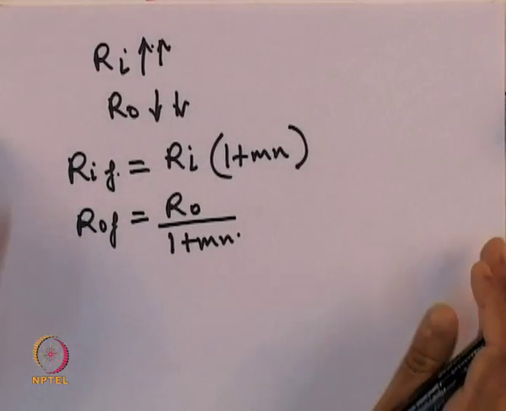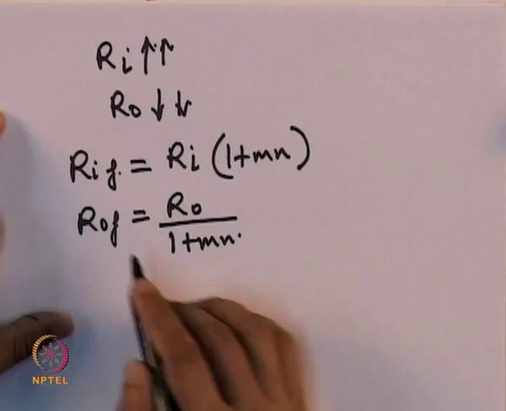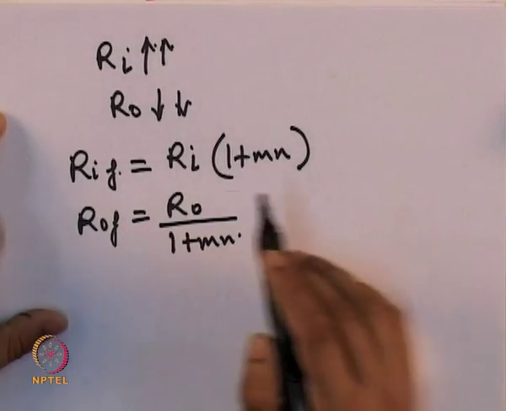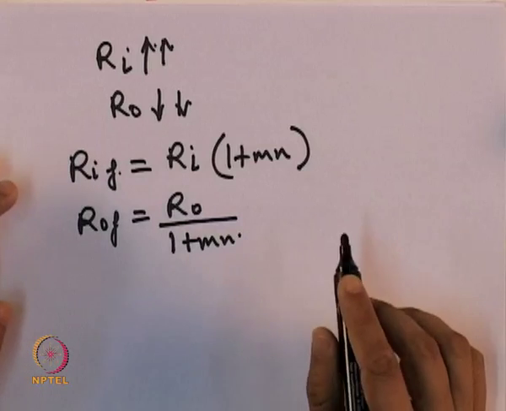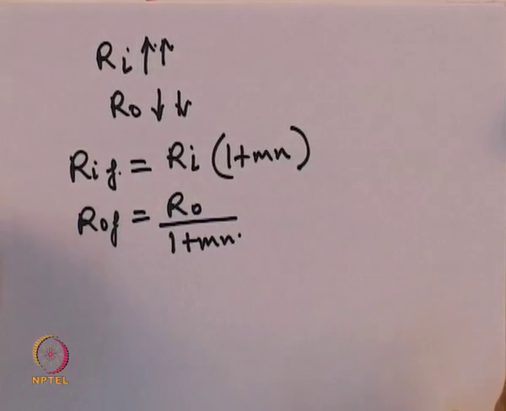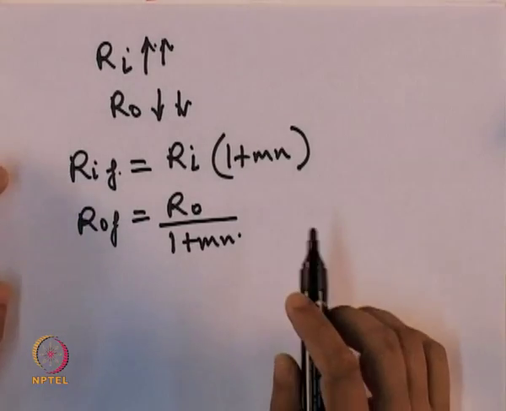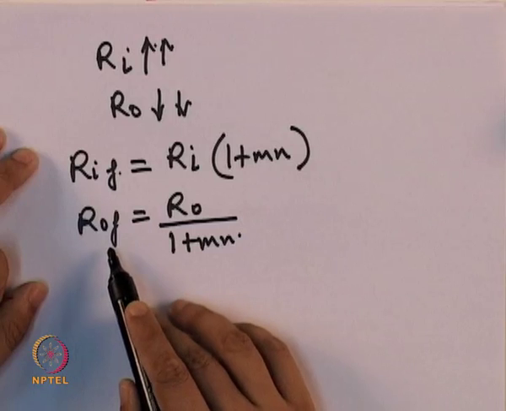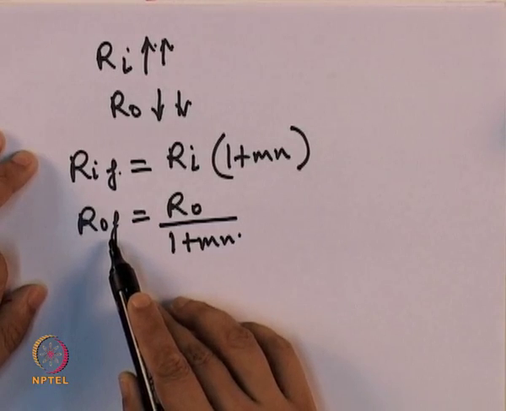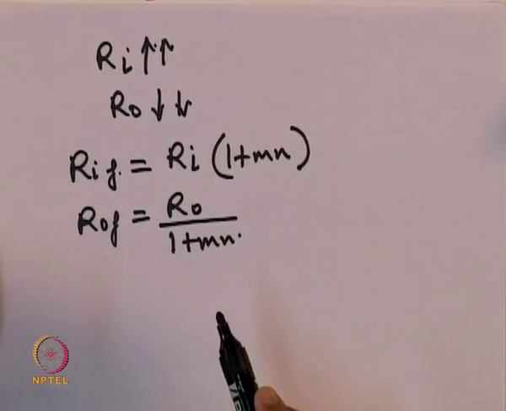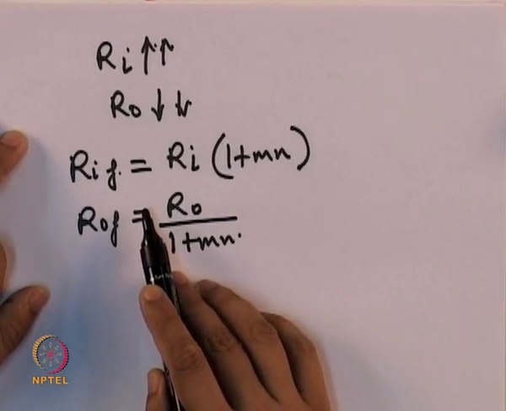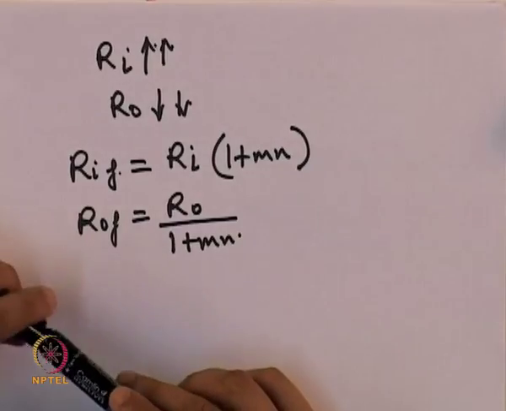Or for a transconductance amplifier, of course, we are taking current from the output and feeding it to the input as voltage. In that case, we will observe that the output impedance increases upon applying feedback, and the input impedance also increases upon applying feedback.